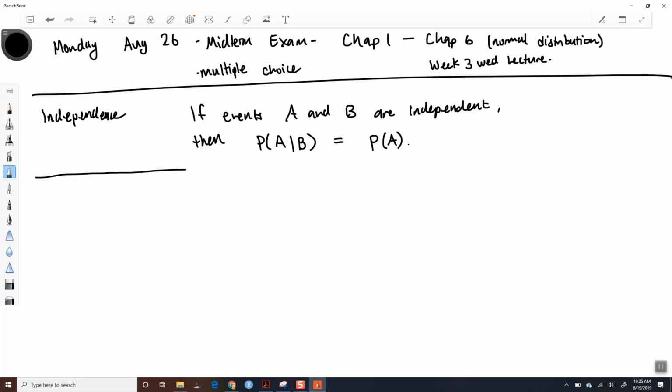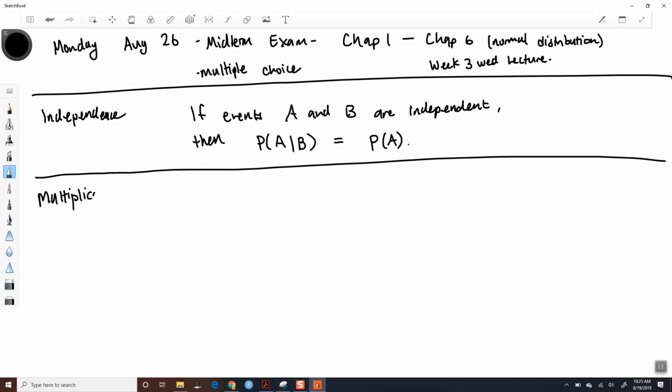And this comes into play with the multiplication rule. I don't know why we name all of our rules, but this is the multiplication rule.